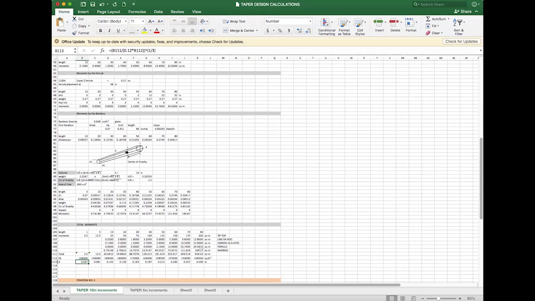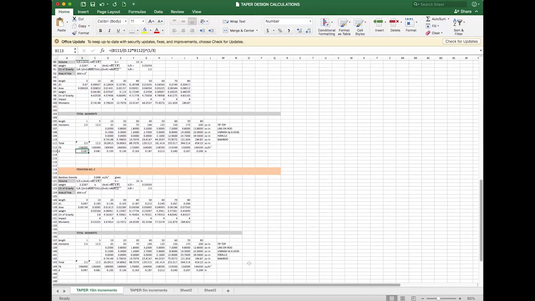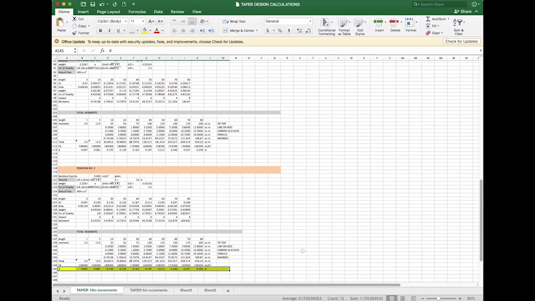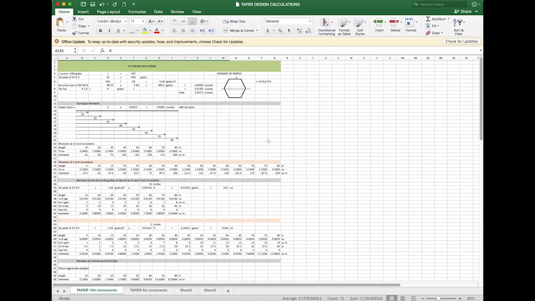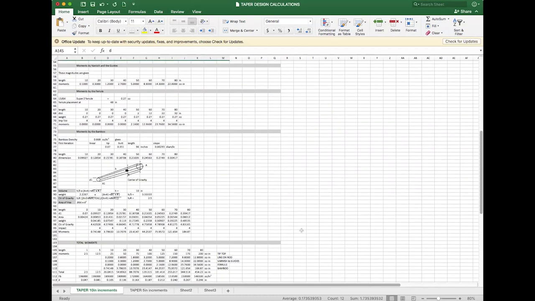Then at the end, I total up and calculate the dimensions for each hexagon every 5 feet. So, I'm sorry, every 5 inches. So, how deep do I have to make the hexagon at each point?